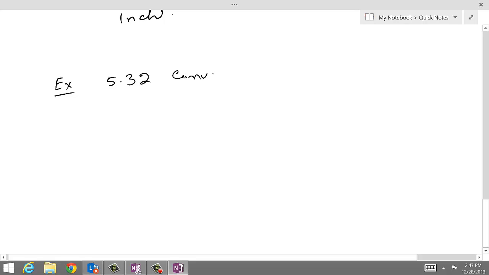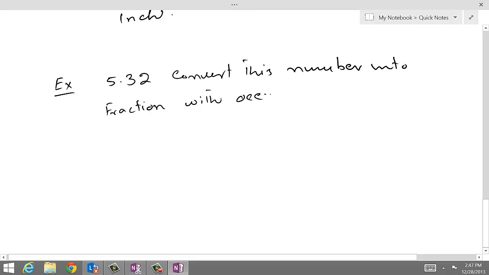Convert this number into a fraction with accuracy to 16th of an inch.